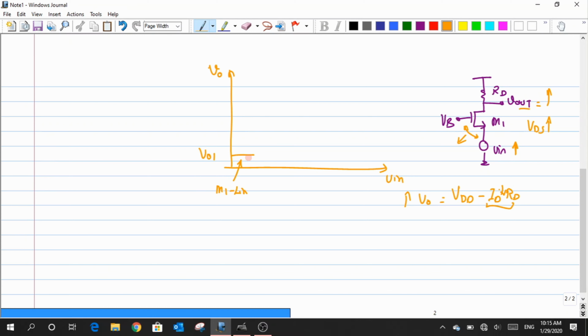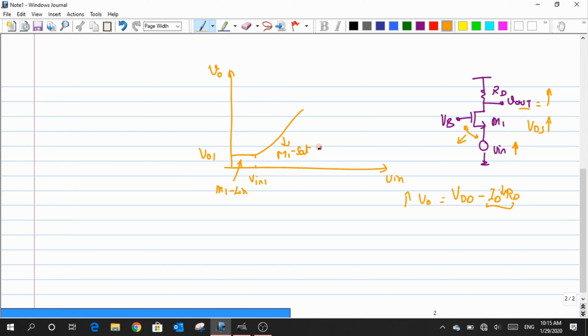So I'll be entering into the saturation regime. From linear, I just get into saturation. Let me label this point as Vin1. In this case, my transistor M1 would enter the saturation regime.